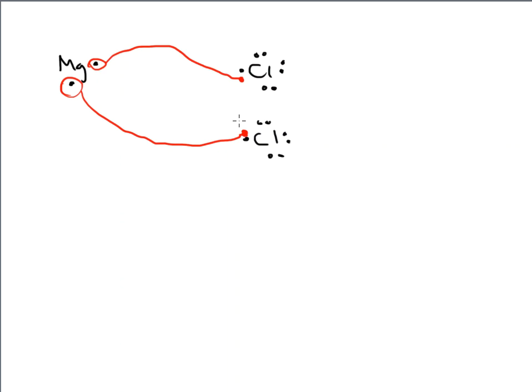So magnesium has to give 1 of the electrons to the first chlorine and the other electron to the second chlorine. So this is showing the electron transfer step. Now we want to show the ion stage, or the ion step. So what we've done is that we've brought in magnesium with a positive 2 charge, and there is the cation.